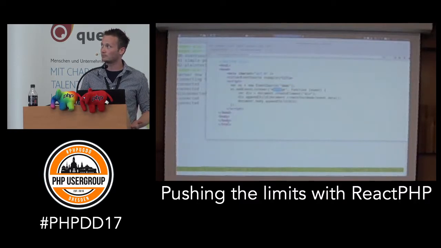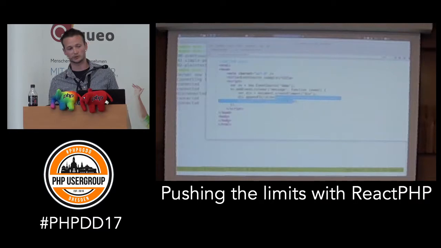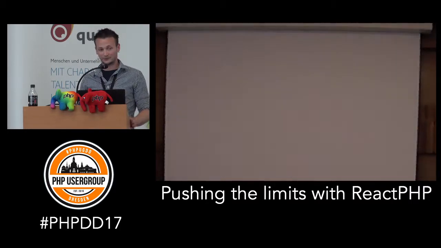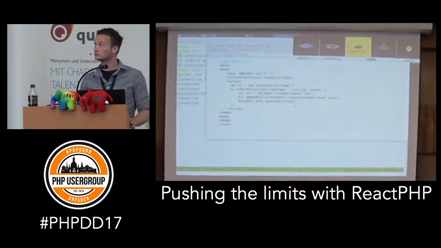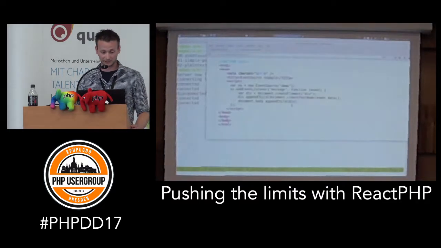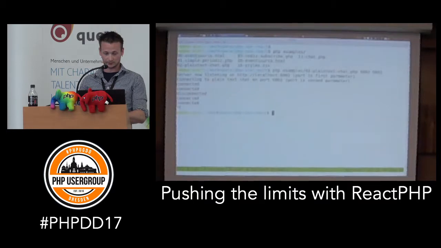And whenever a new message comes in, you append it to your body. So a proper chat example is not going to look like this. You probably have some kind of CSS and HTML structure around it. But the cool thing is, it looks very similar to the stream application that we saw for ReactPHP. So it's actually doing very similar things.